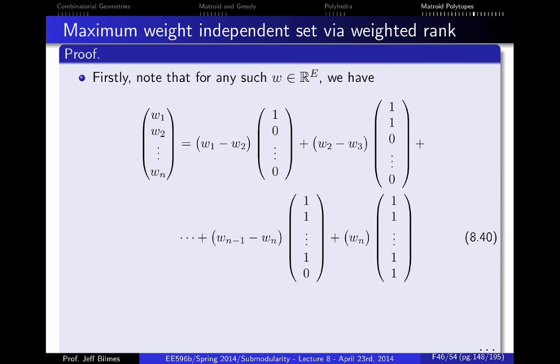So first of all, how can we then get this weight function? Any weight can be written in this way. We can write a weight vector W as W1 minus W2 times the characteristic vector of one element, plus W2 minus W3 times the characteristic vector of these two elements, and so on, times the characteristic vector of everything but the last element, and then finally the last one times the characteristic vector of the ground set.